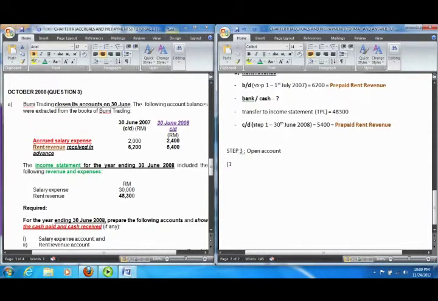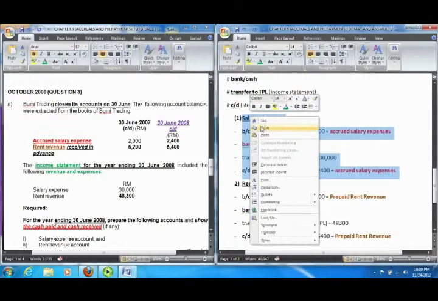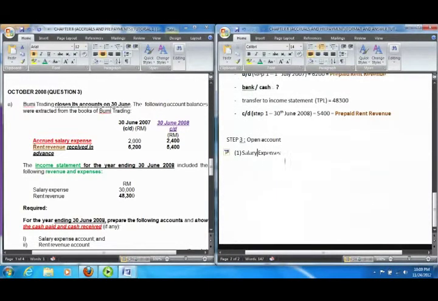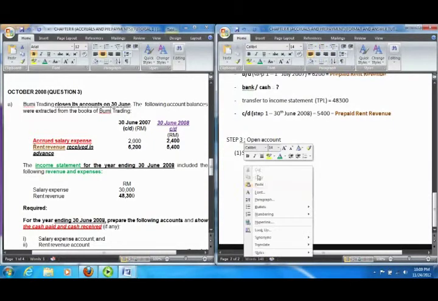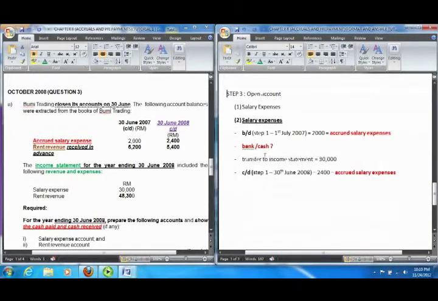Alright, so we need to open first your salary expenses account. I try to copy the information for salary expenses first. You put it in your step 3. Try to do step 3. Open your account because we have all the information.